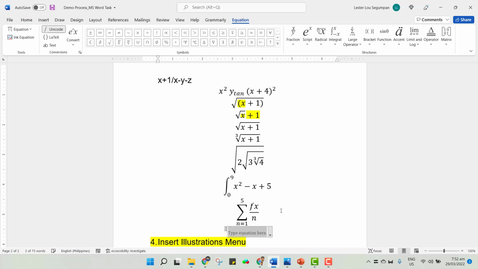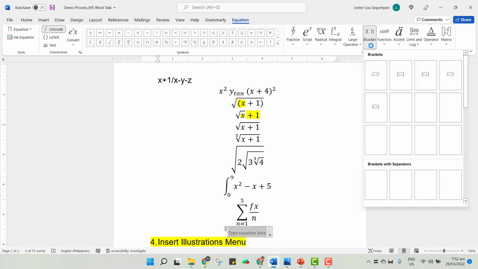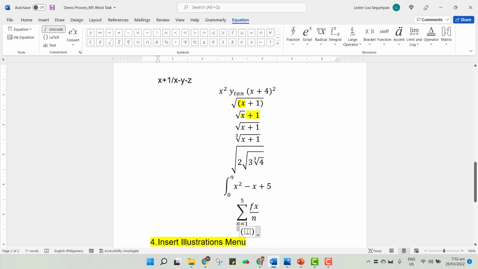You browse these structures on your own, because you're going to be making task items. Next is for the bracket. You could have here the parentheses that you could use for your coordinates 0, 1.